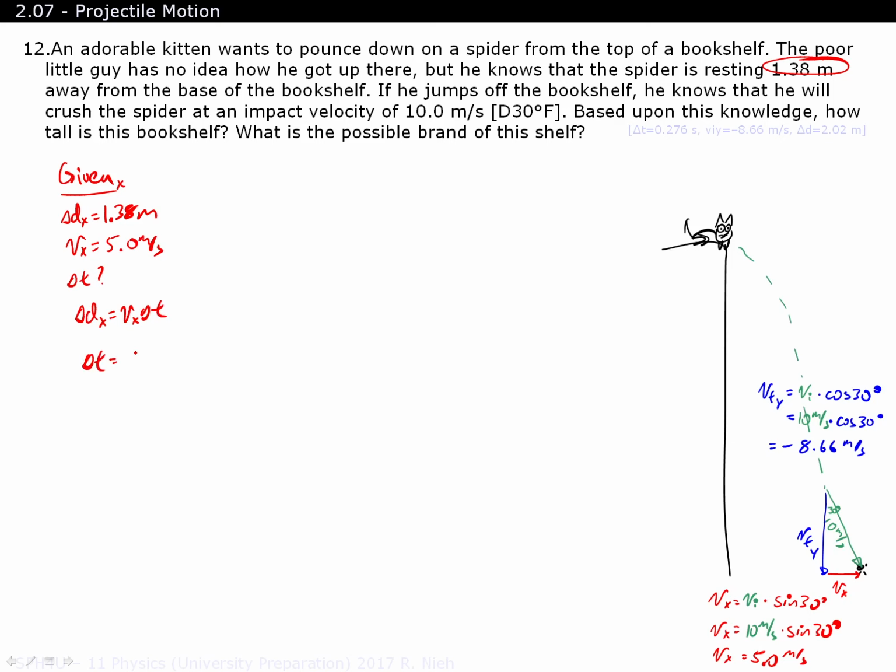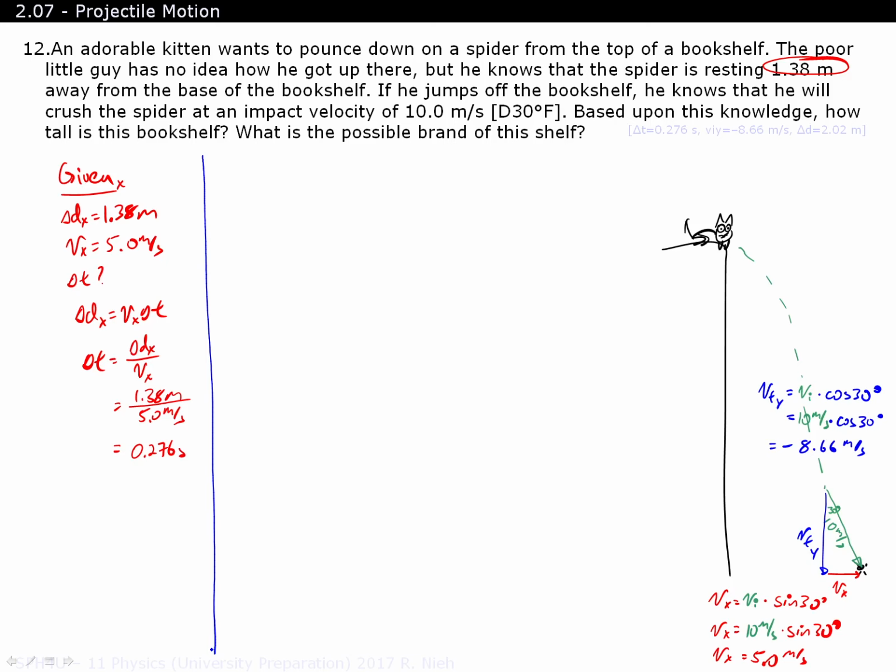So the time for the cat to pounce downwards is equal to dx divided by Vx. All right, so 1.38 meters divided by 5.0 meters per second gives us a fractional time of 0.276 seconds. Okay, so the cat has 0.276 seconds to travel down and pounce on the spider.